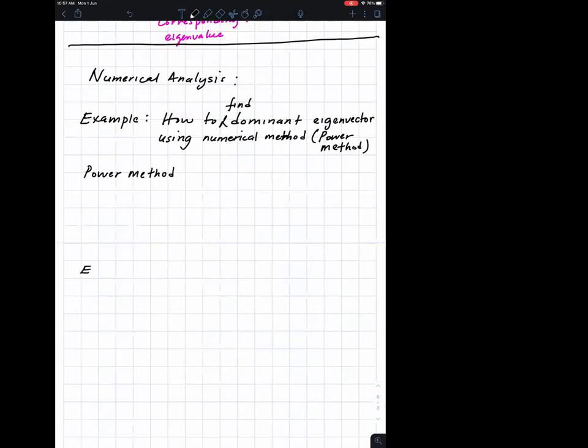So in this example, you want to approximate a dominant vector using a numerical method.